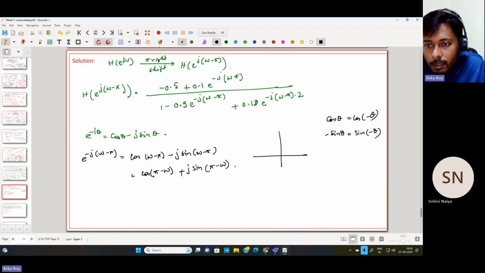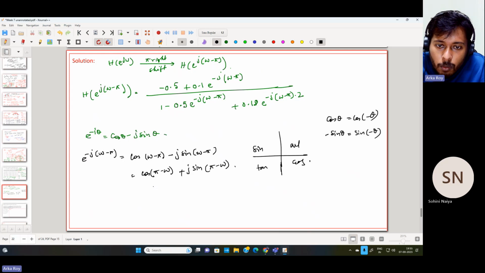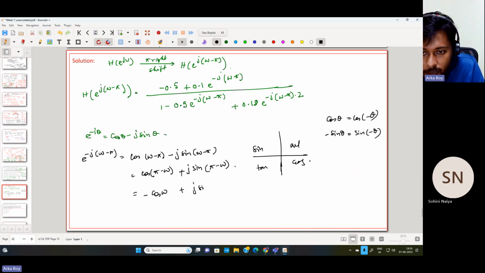Now let's just revisit the basic trigonometric relations. So all, sine, tan, cos. So cos(π-ω) will be cos ω, but because this is not the domain of cos, it will be minus cos ω. However, over here it will be j sin ω itself, because this part is restricted for sine.